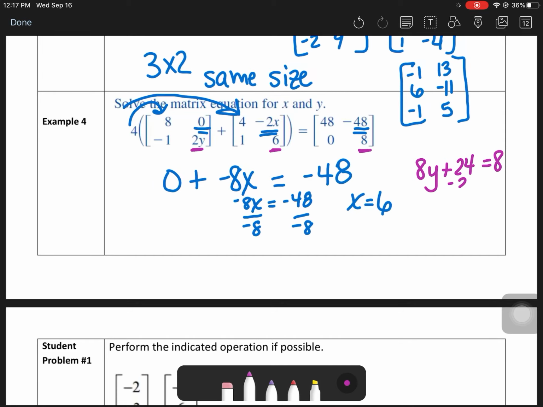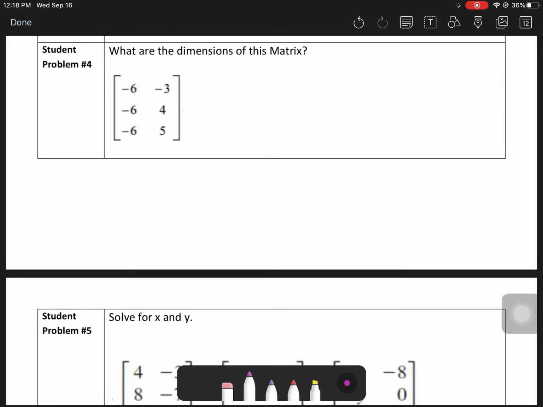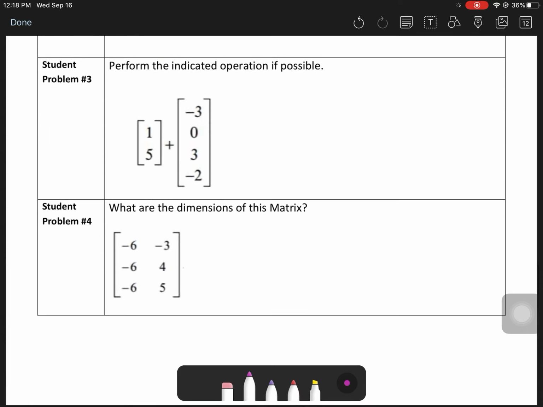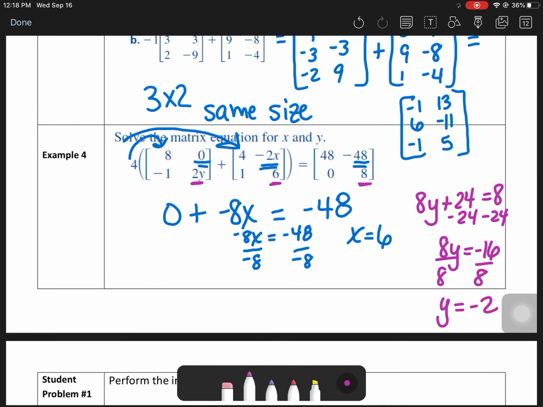So I'm going to subtract 24 from both sides. 8y is equal to -16, and then I'm going to divide both sides by 8, so y is equal to -2. Now, what we're going to ask you to do is to finish the 5 student examples for when we return, which are on adding, subtracting, scalar multiplication, and combination, and then solving.